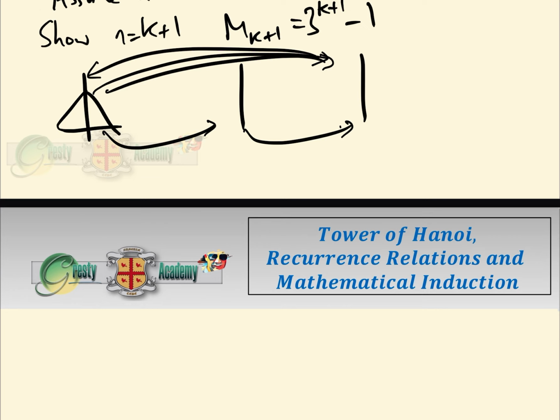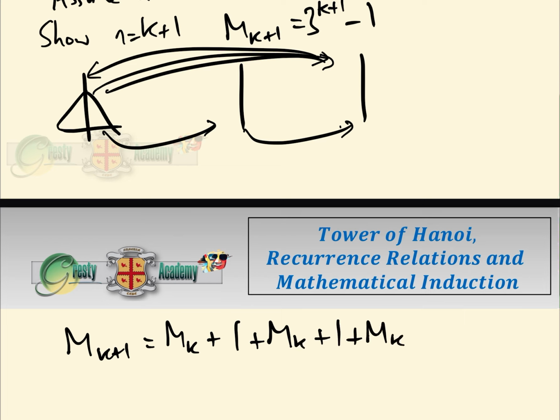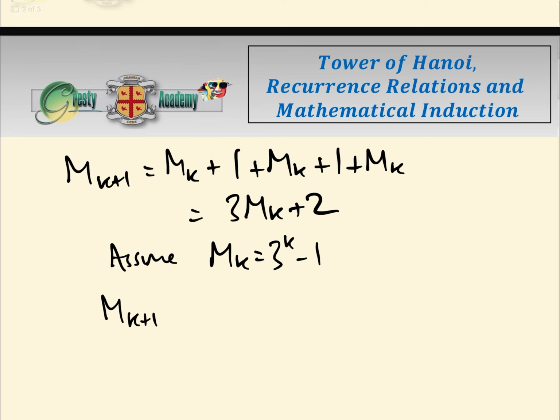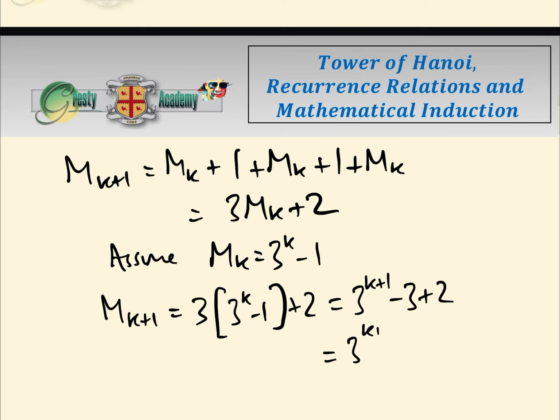So basically we have that M(k+1) equals Mk plus 1 plus Mk plus 1 plus Mk, which is 3Mk add 2, and we assume that Mk equals 3 to the k minus 1 per our induction, so therefore M(k+1) is equal to 3 times (3 to the k minus 1) add 2, which is 3 to the k plus 1 minus 3 add 2, which is 3 to the k plus 1 minus 1 as required.